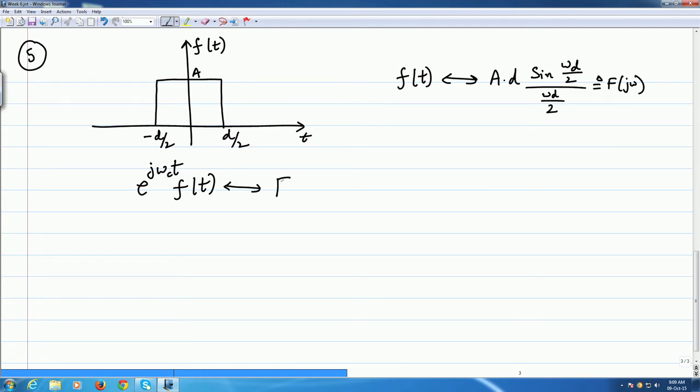So, this is going to be f of j omega minus omega naught. So, wherever you have omega in the Fourier transform, you have to put omega minus omega naught. So, this just becomes a times d sin omega minus omega naught d by 2 divided by omega minus omega naught.